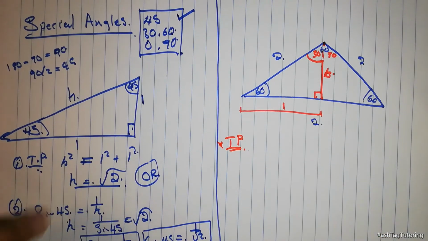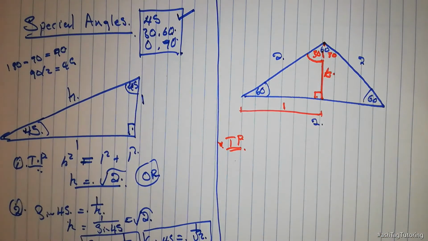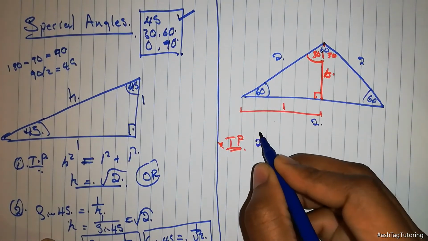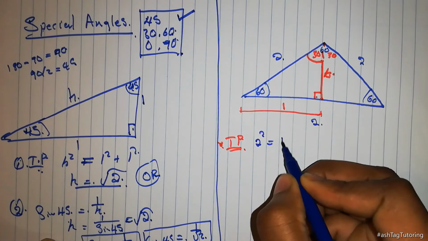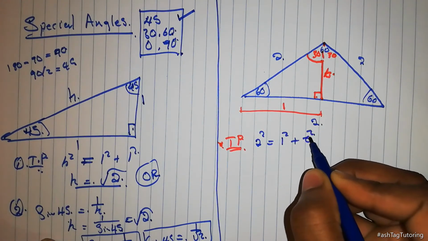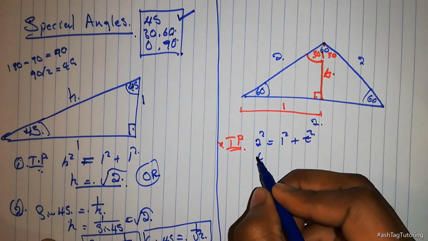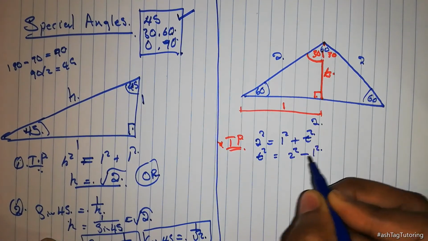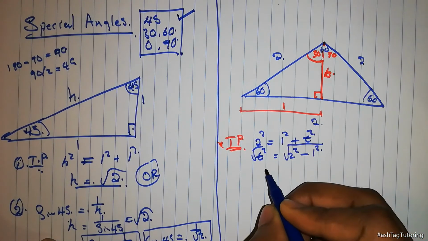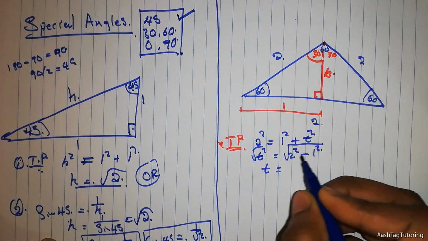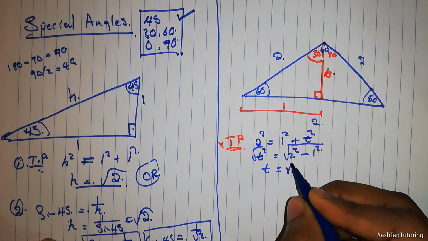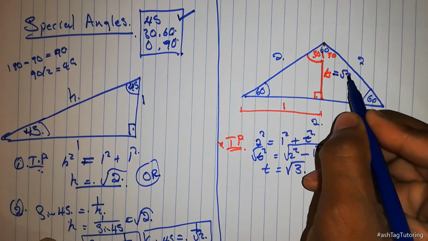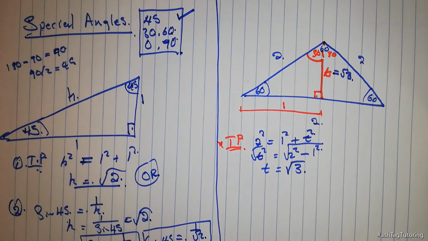Okay. I need to determine the value of t, which let's use the theorem of Pythagoras. Your hypotenuse is 2, therefore you have 2 squared is equals to 1 squared plus t squared. Okay. Therefore you have t squared is equals to 2 squared minus 1 squared. So if you determine the value of t, you find that t is equals to a root of 3.